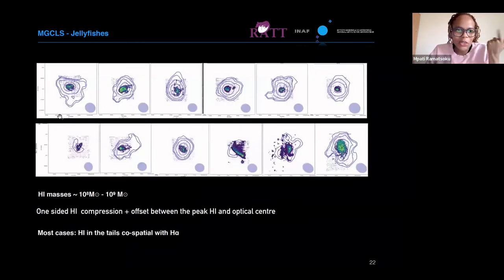And once again, when we look at H alpha, we see similar things. There's a coincidence between H alpha and H1. Of course, here the spatial resolution is killing us. But trust me when I say, when we convolve H alpha to the spatial resolution of MeerKAT, then we see nice coincidences between these galaxies.